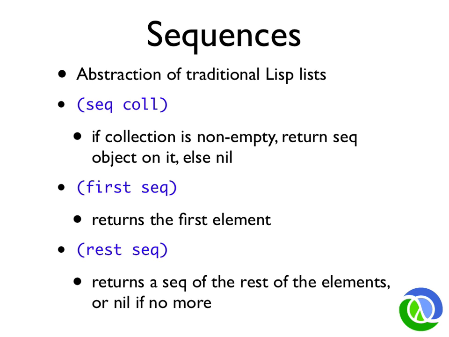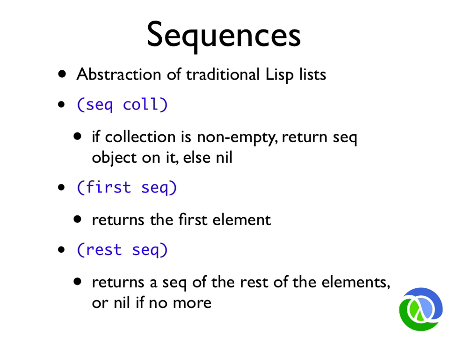The first thing in the sequence. The second thing you can do with the seq is you can call rest on it, which says, give me the sequence that represents the rest, not including the first thing. Of course, if there's no more, what should we get? Nil. Right? Because we said here, nothing. If we have nothing, we get nil. Otherwise, we're going to get another seq. This is an extremely abstract way to talk about lists.